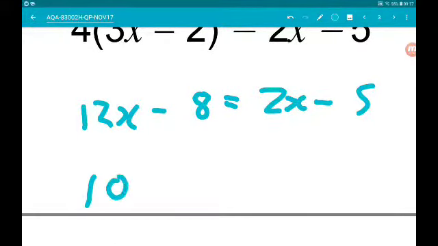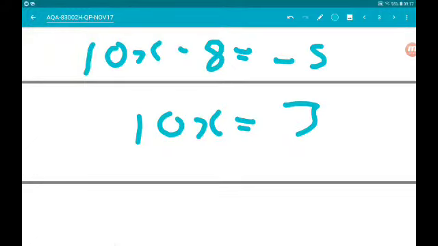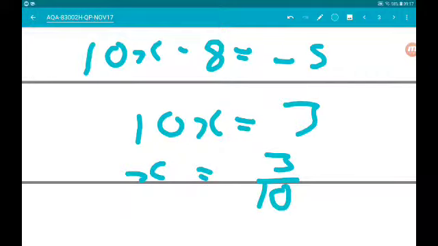So we get 10x minus 8 is equal to minus 5. Now we want to get the x term on its own, so we need that minus 8 to go away. So we're going to add 8. So 10x is minus 5, add 8, which is 3, and then divide by 10, x is 3/10 or 0.3. Cool.